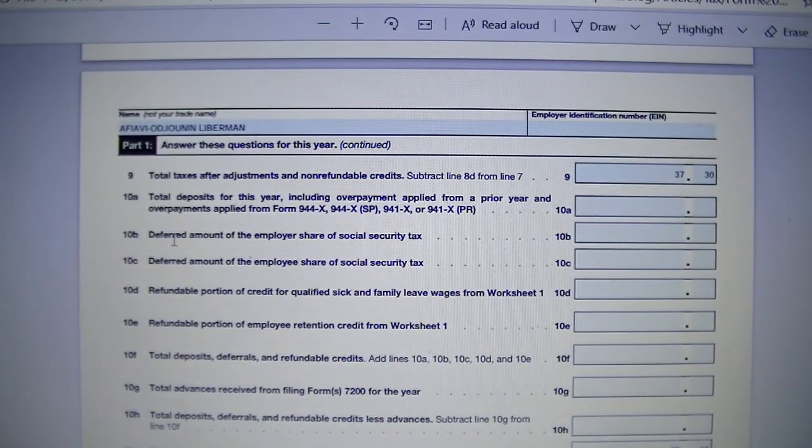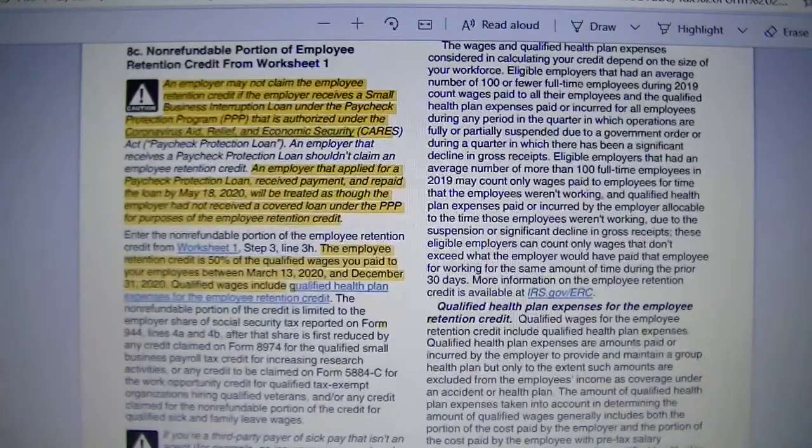Line 10B, deferred amount of the employer's share of Social Security tax. So let's go check the instructions on that.